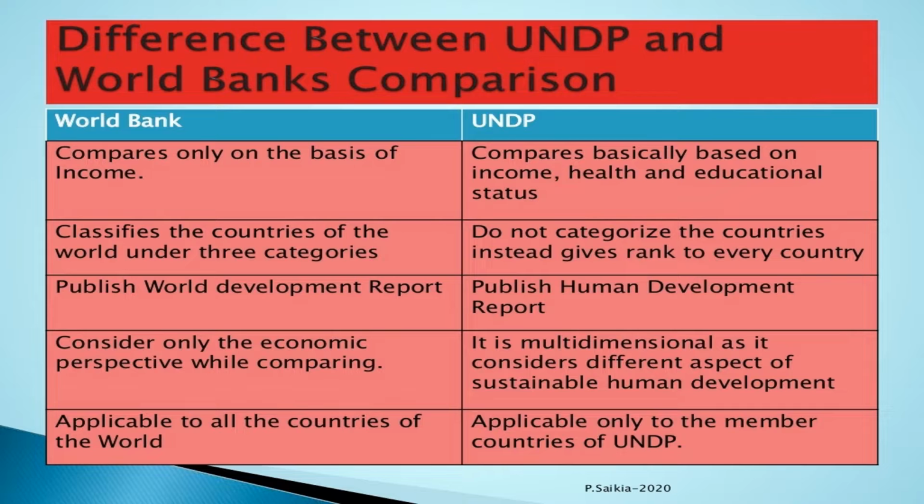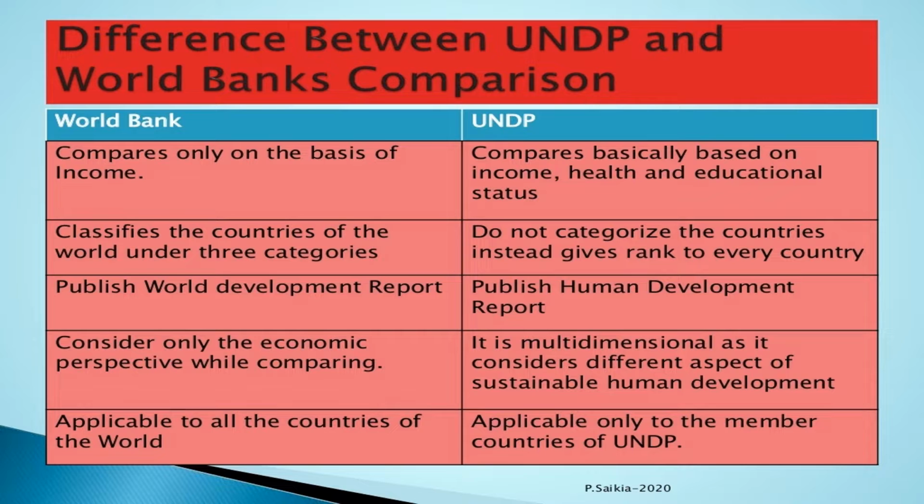While we spoke about the World Bank and the UNDP comparison last time, we are just going to go over it quickly so that we can remember and recall what we have learned. So we'll do the World Bank first, that it compares countries only on the basis of income.